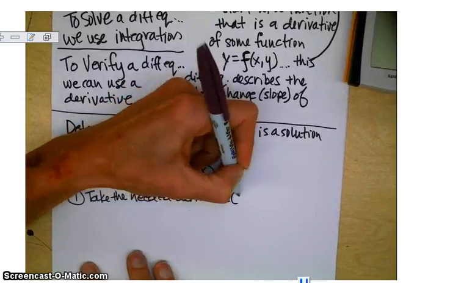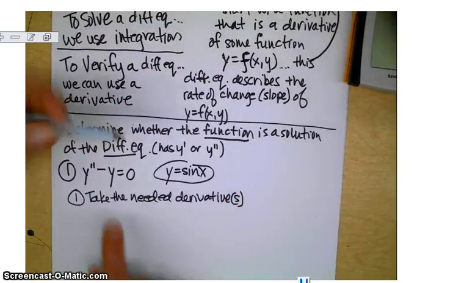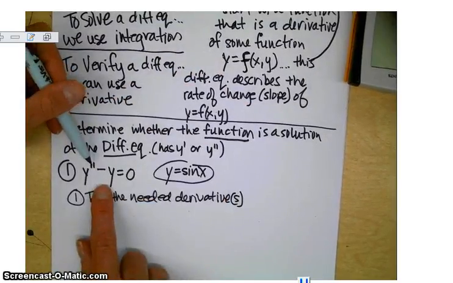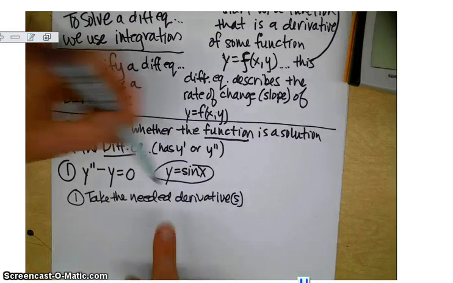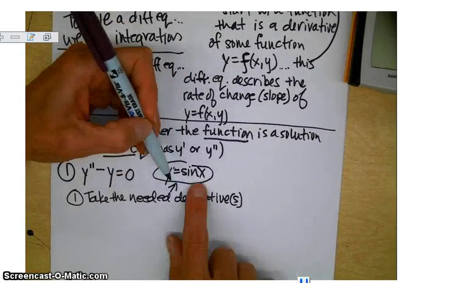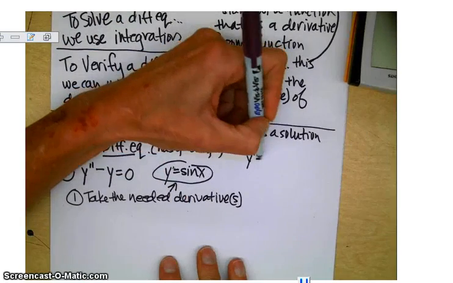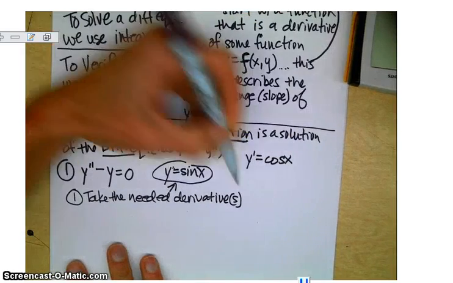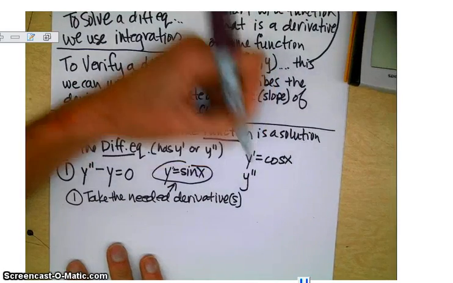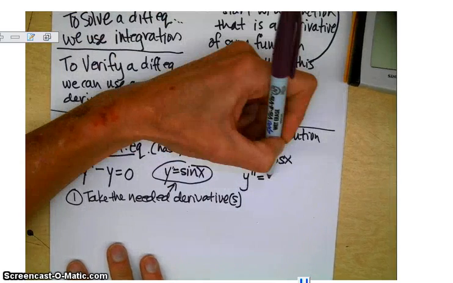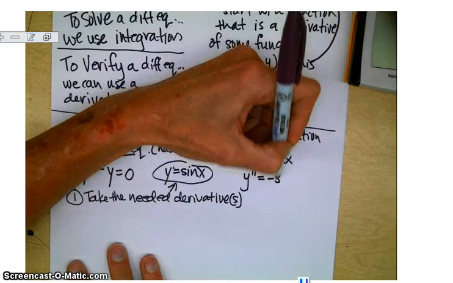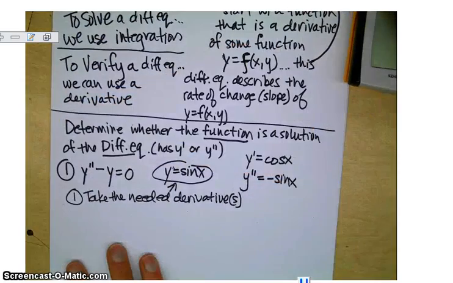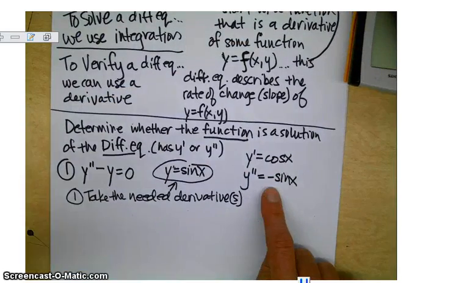Derivative or derivatives, because sometimes the differential equation will only have y prime in it. So this is my function. I'm going to take the needed derivative. So y prime: the derivative of sine is cosine of x, and the derivative of cosine of x, or the second derivative, is negative sine of x. So I took the necessary derivatives.